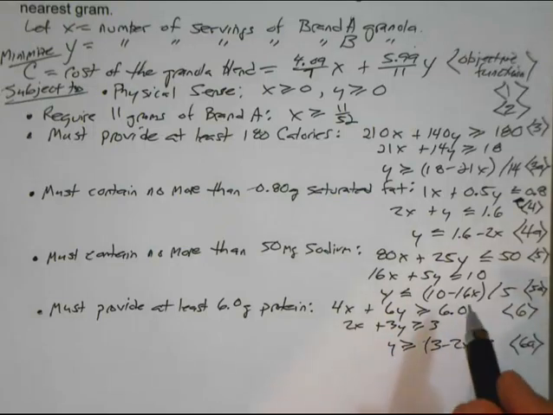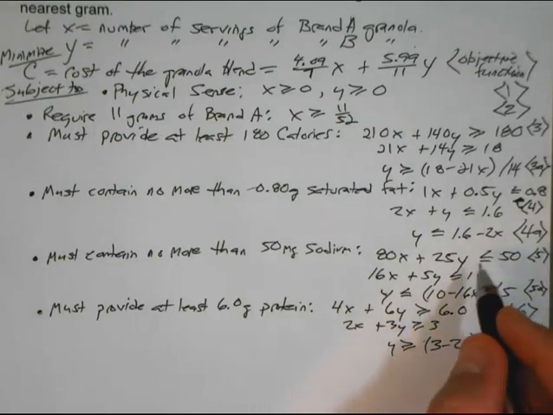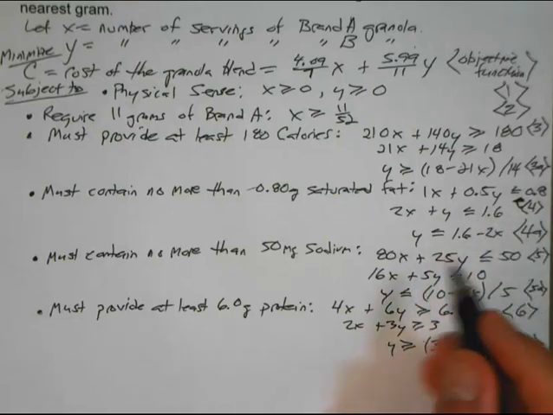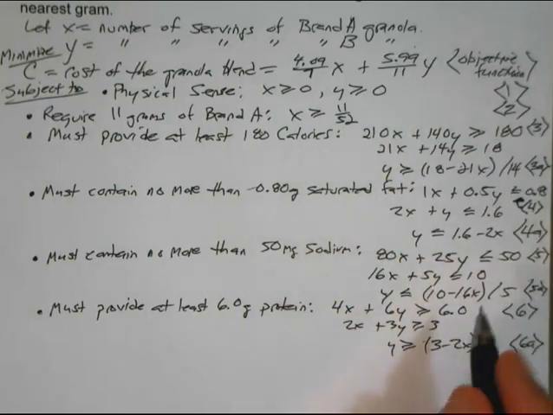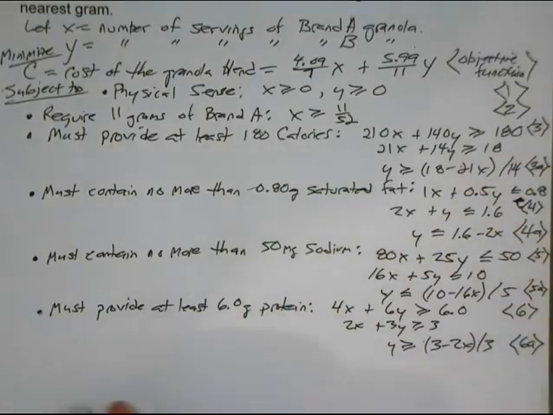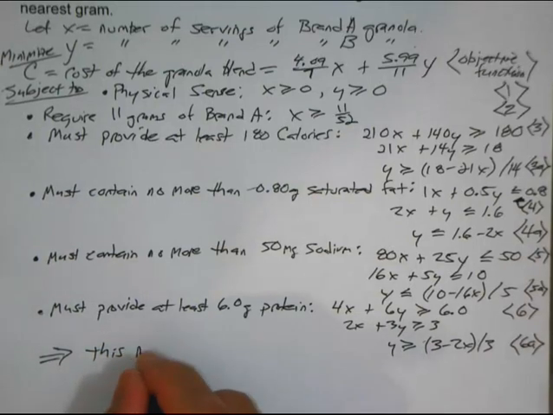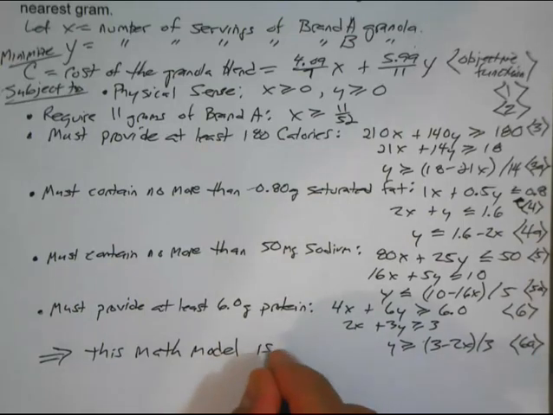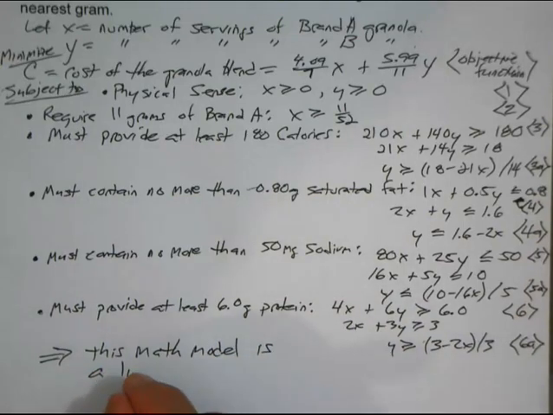And each one is not only linear, it's also of the 3 allowable types: less than or equal to, greater than or equal to, or equal to. There were no equal to cases here, but those are the 3 allowable types. That qualifies this as a linear programming problem, and that is one of the questions asked for, to see what you have for a math model. So right here, a partial answer to this question: this math model is a linear programming problem.